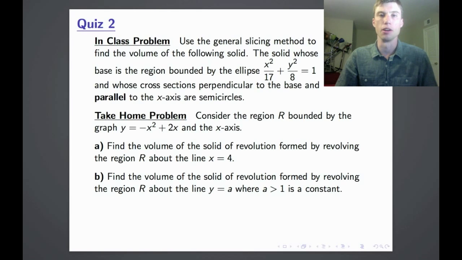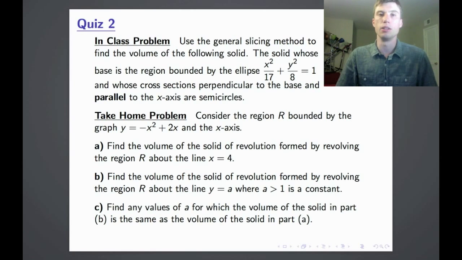The second part of this problem asks us to find the volume when we revolve this solid around the line y equals a for a variable constant a. The third part asked us to find the value a, which made the volume in the second part equal to that of the first part. Let's proceed with solving each part.